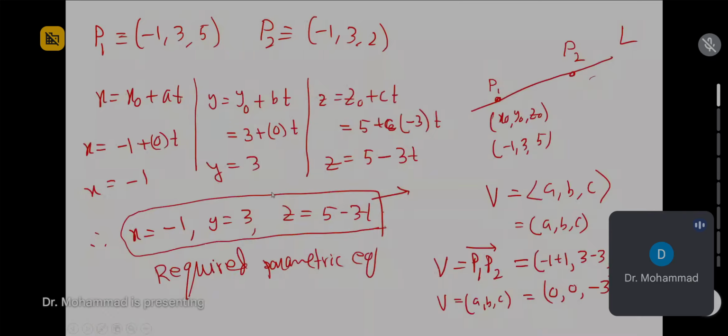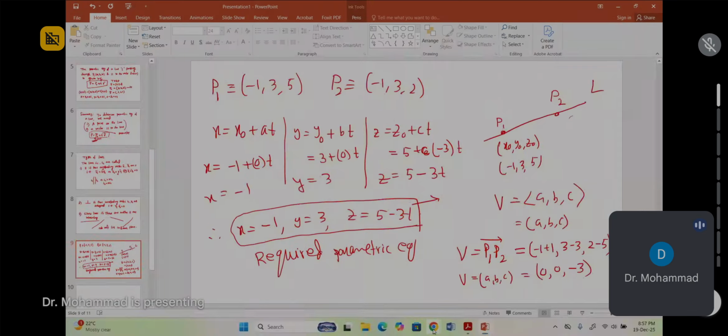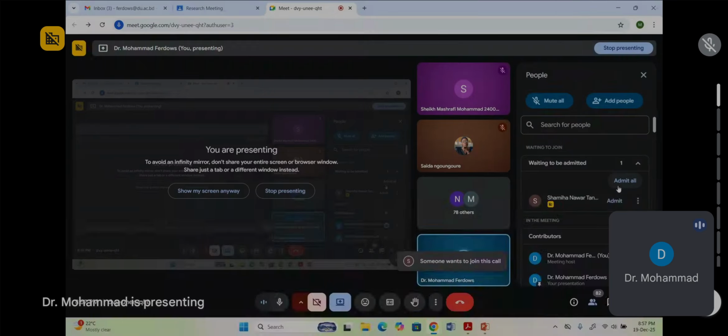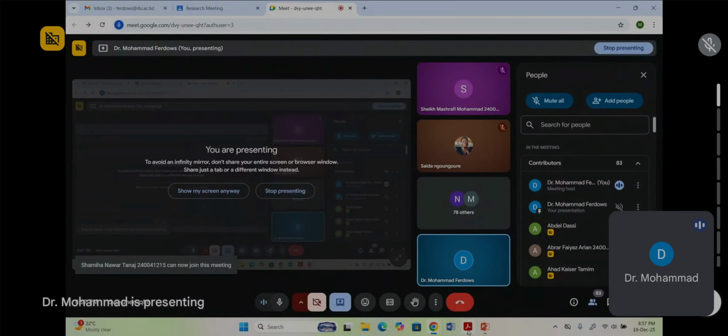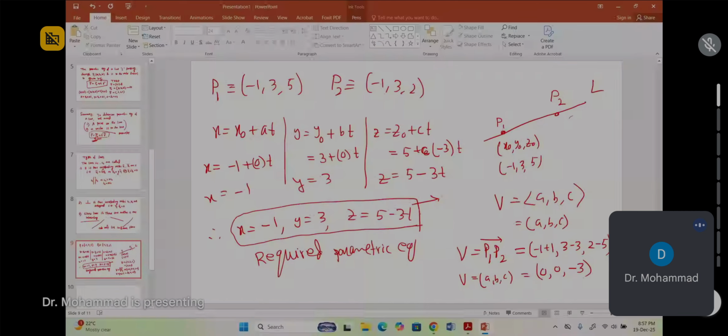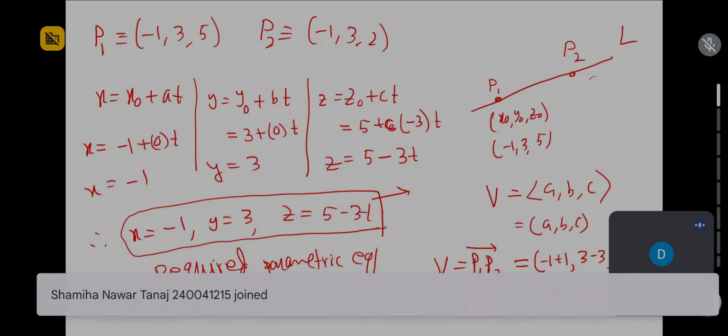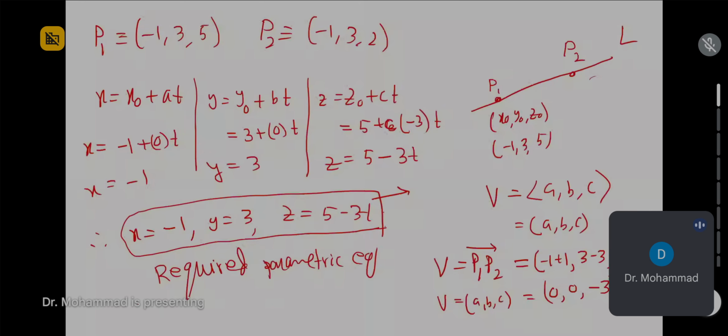For example, if we choose t is 0, then x is -1, y is 3, and z is 5.